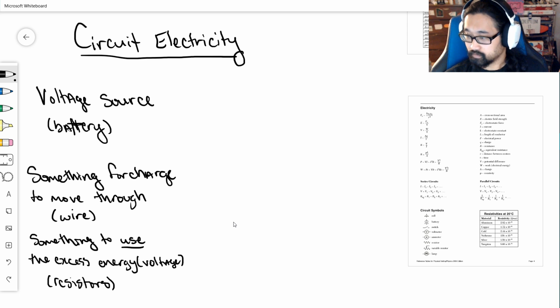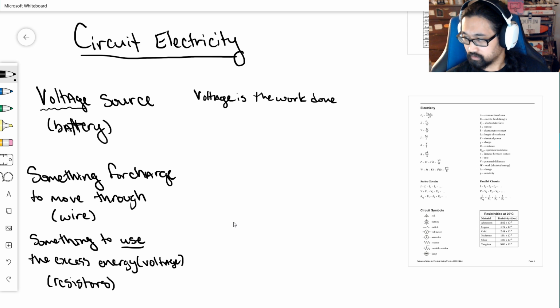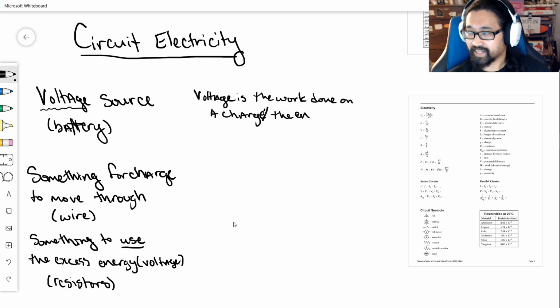Now, there's a term here, voltage, that we need to define, right? Voltage is the work done on a charge, or I'm going to say the extra energy, because I don't want to say the energy as if charges don't have a baseline amount of energy.